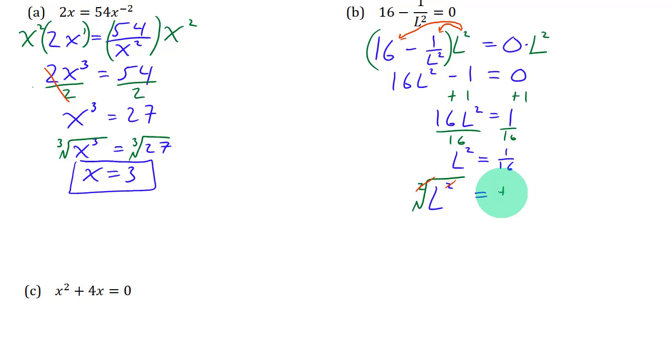On the other side, we have a plus or minus square root of 1/16. And the square root of a fraction is a little weird, but it's basically just going to be plus or minus the square root of 1 divided by the square root of 16. The square root of 1 is just 1. The square root of 16 is 4. So you have plus or minus 1/4.